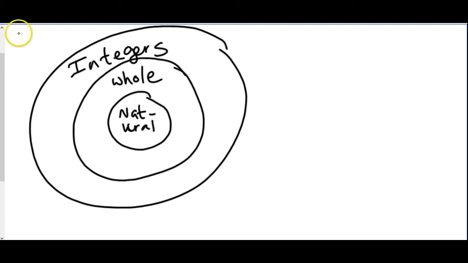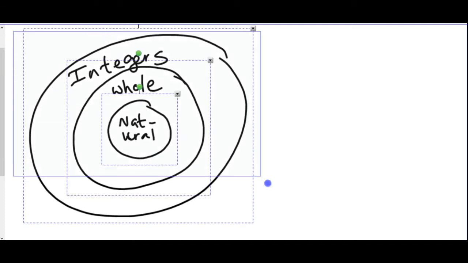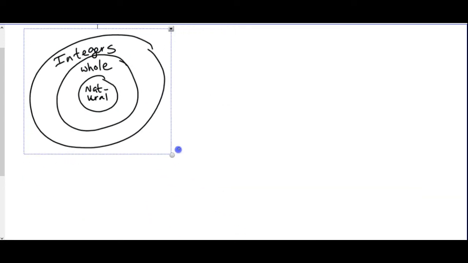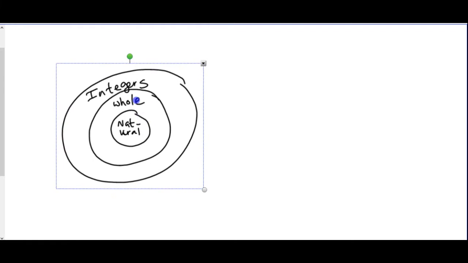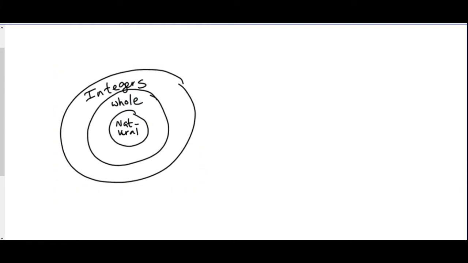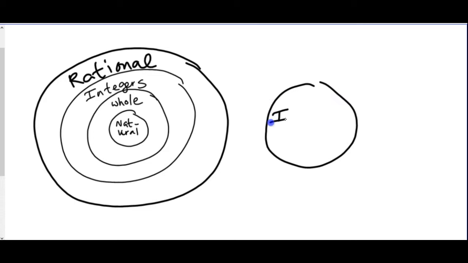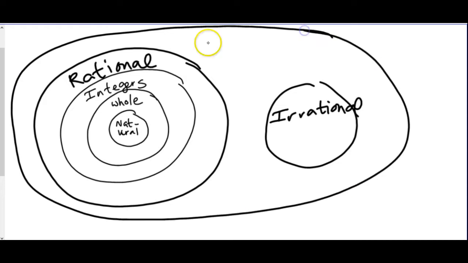I'm going to make this a little bit smaller because it's not going to fit on my screen if I keep going. Then we have rational numbers. Irrational numbers are in their own little category. And then all together, all of these numbers make up what's called the real number system.